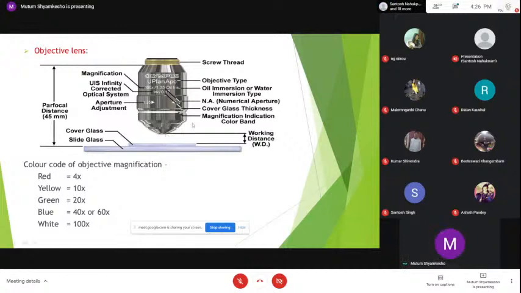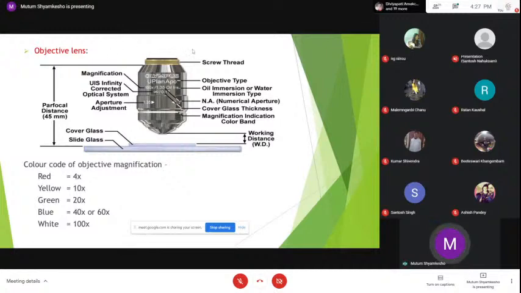And then it is also essential that the thickness of the cover slip or cover glass should be 0.17 mm. It is mandatory to use this thickness of cover slip when we are using the objective lens having the magnifying power of 100x.